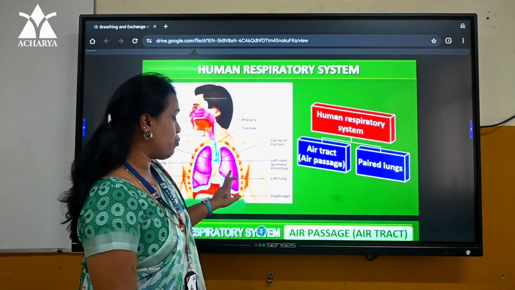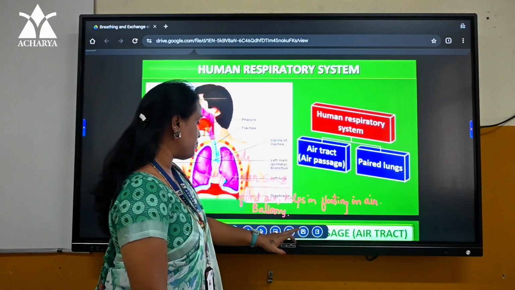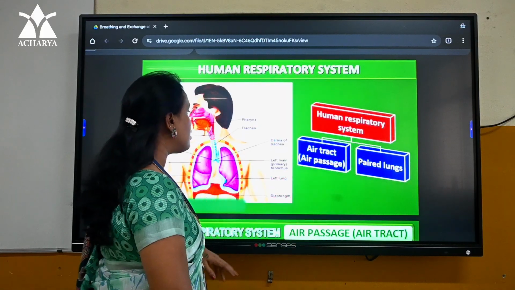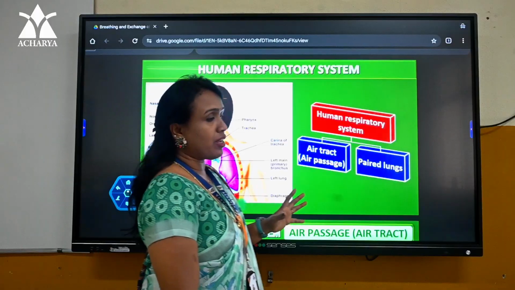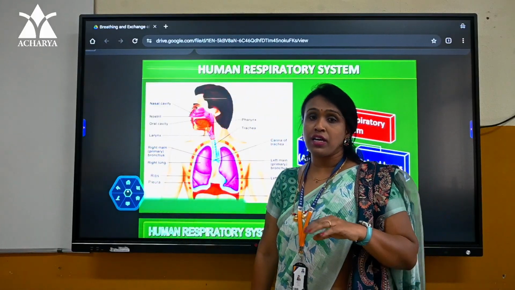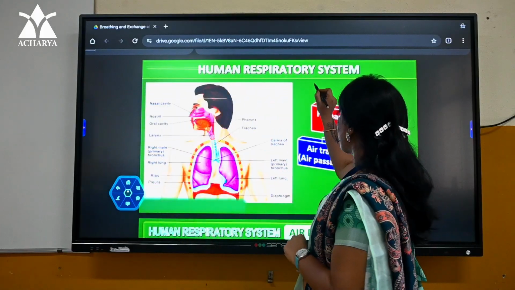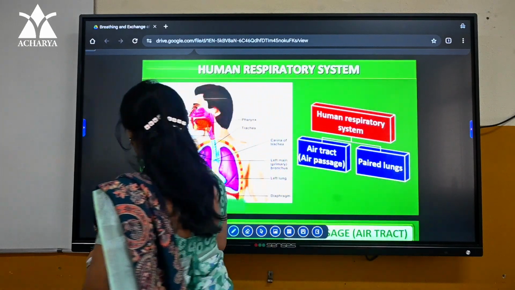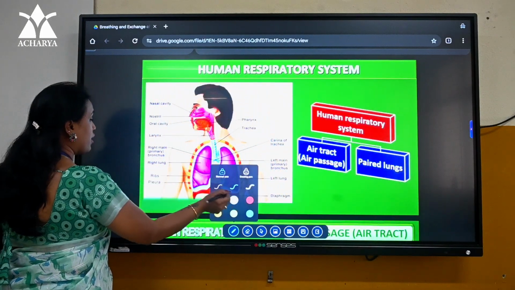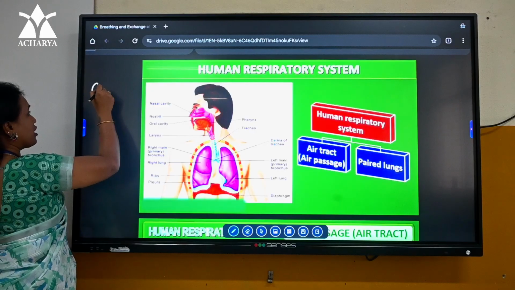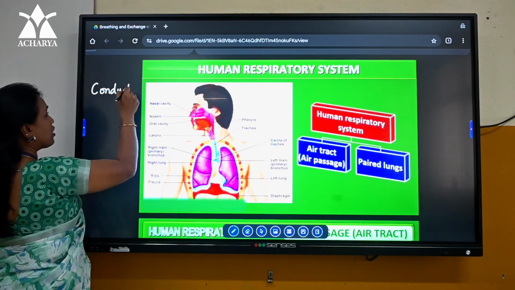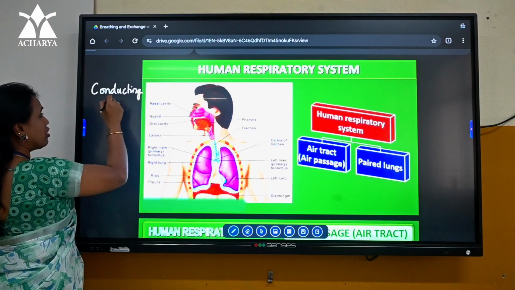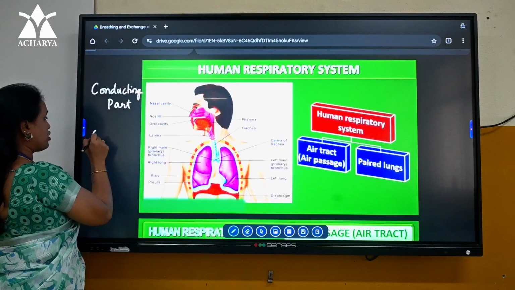Next, coming to the human respiratory system. So what does it contain? The human respiratory system consists of a conducting part and an exchange part.